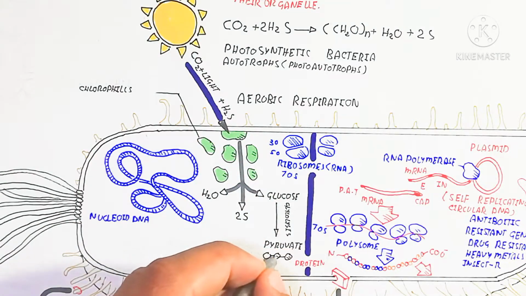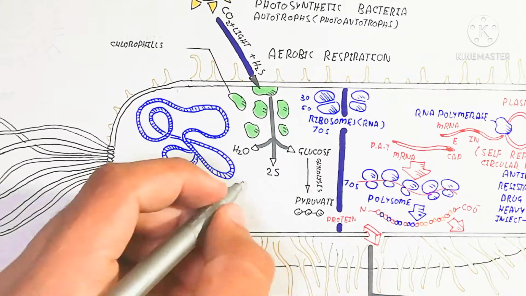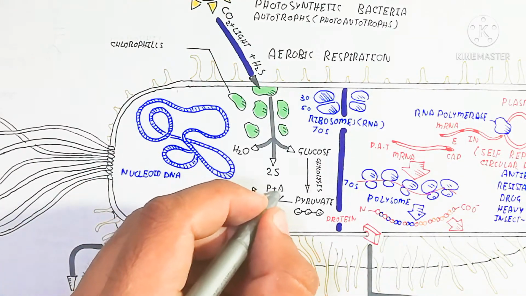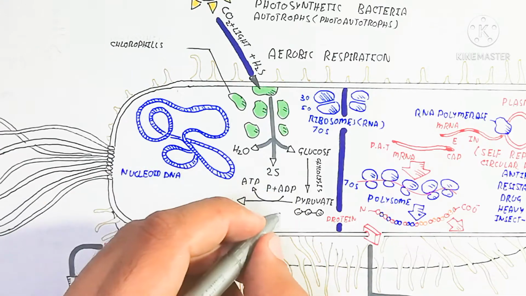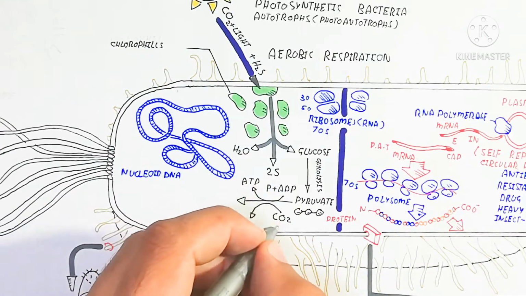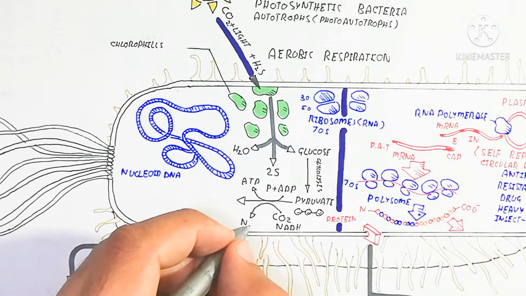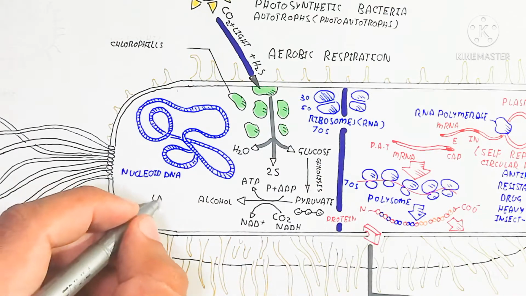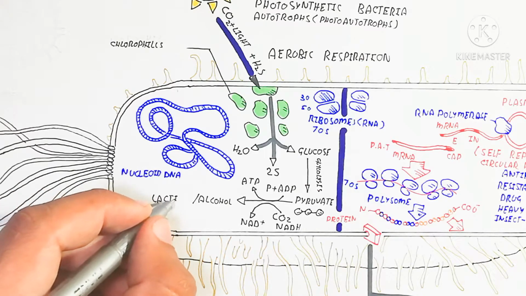So the NADH and ATP are used as energy, while the NADH is used in other processes. So ATP will be produced, and carbon dioxide and NADH are basically produced.